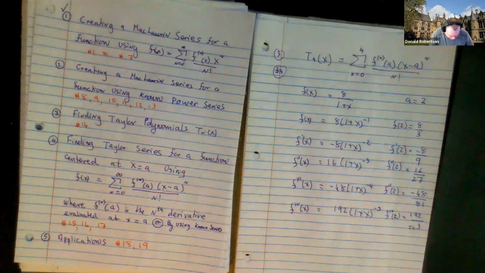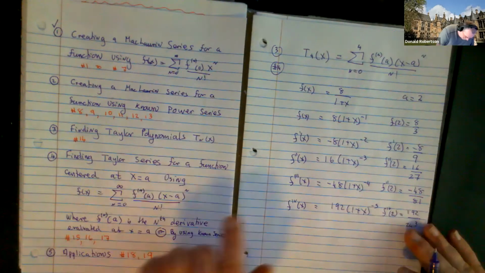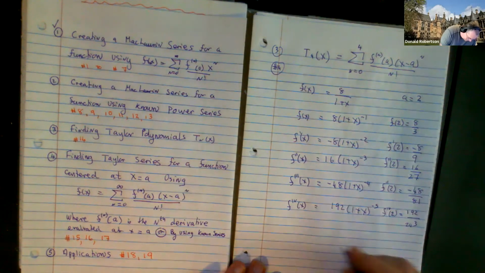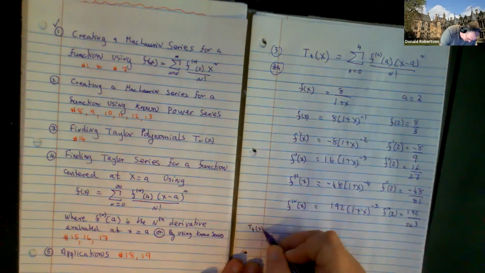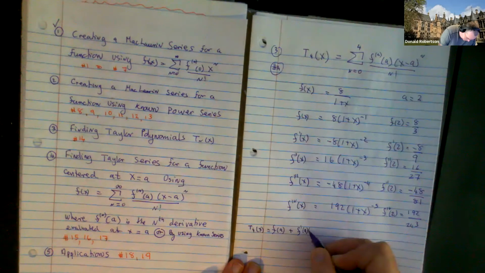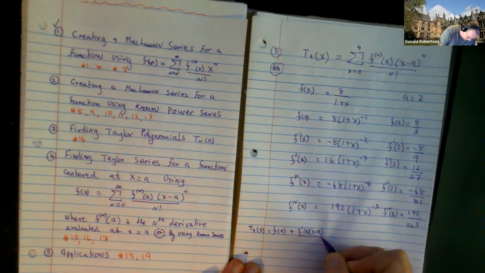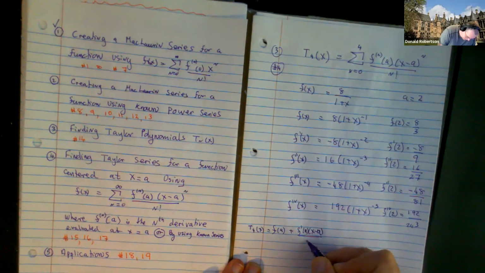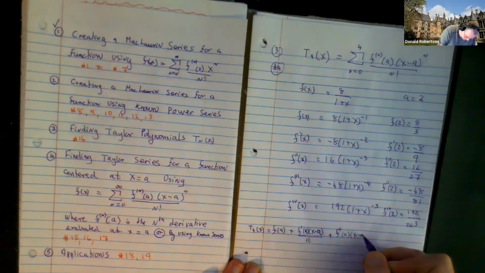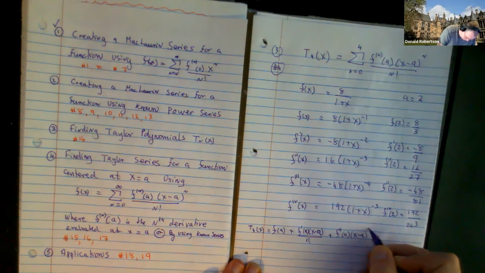Now, if you wanted to do T4 of x, what you're essentially calculating is this guy. The value of the function at a, plus the derivative at a, x minus a, all over 1 factorial. And then the second derivative at a, x minus a squared over 2 factorial.